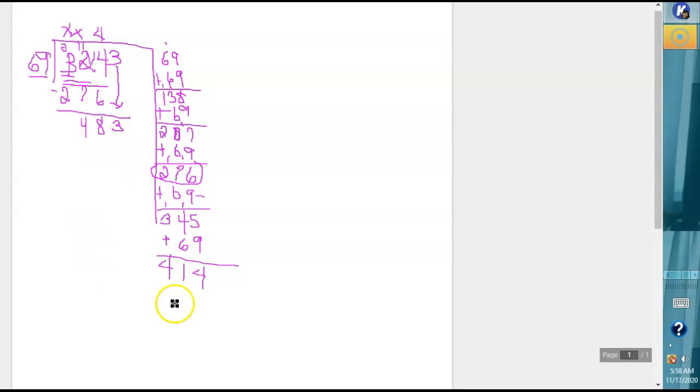So this is 414. So let's add 69 again. 4 plus 9 is 13. Carry 1. 1 plus 1 is 2, plus 6 is 8. And bring down 4.